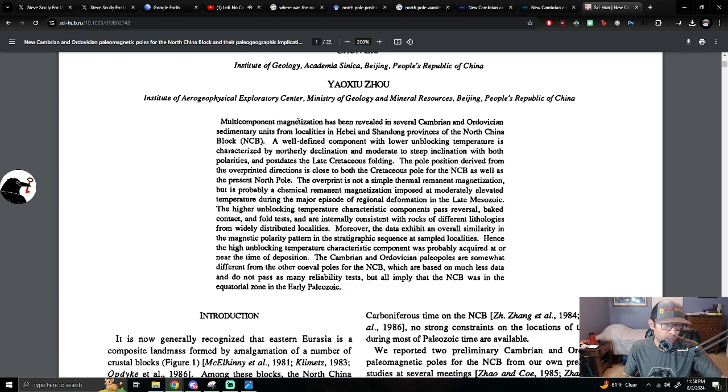Multi-component magnetization has been revealed in several Cambrian and Ordovician sedimentary units from localities in Hebei and Shandong provinces of the North China block. Okay. The pole position derived from the overprinted directions is close to both the Cretaceous pole for the North China block as well as the present North Pole.